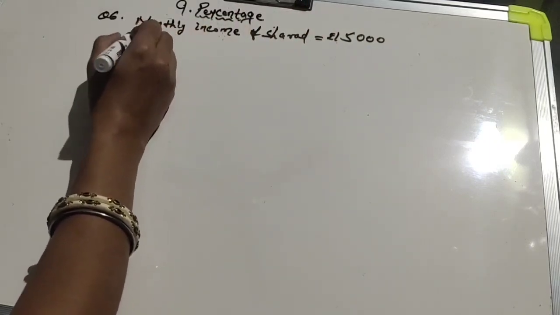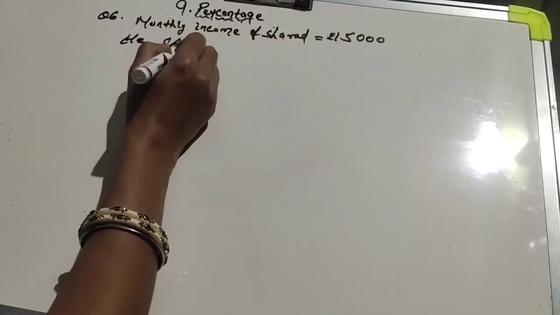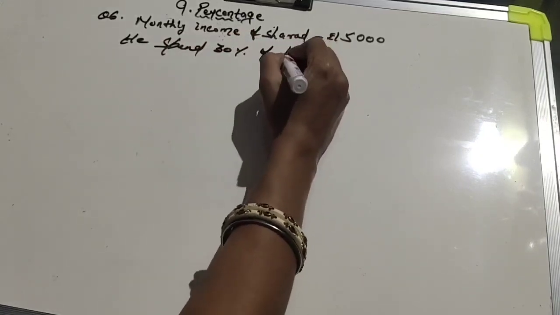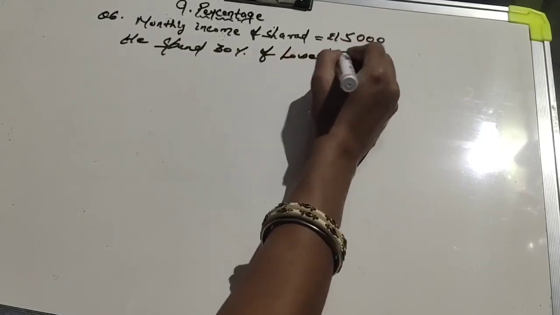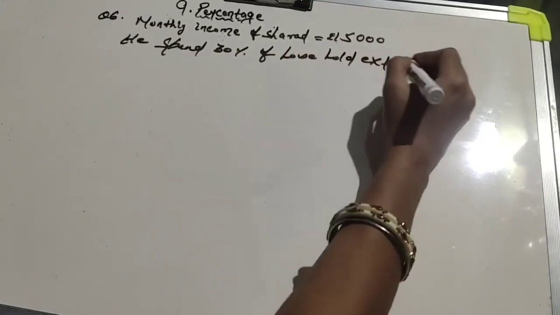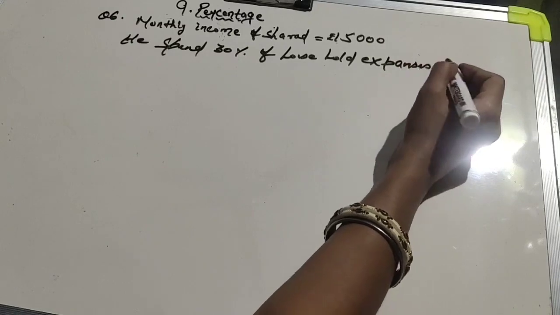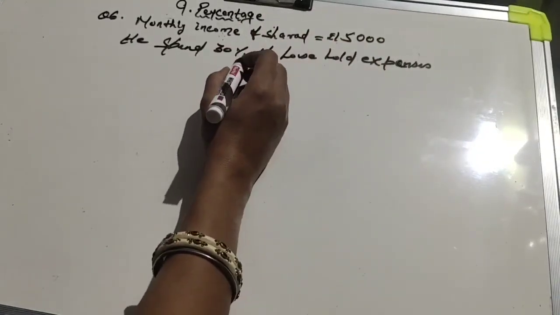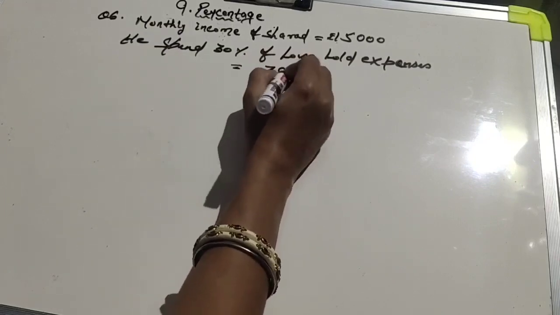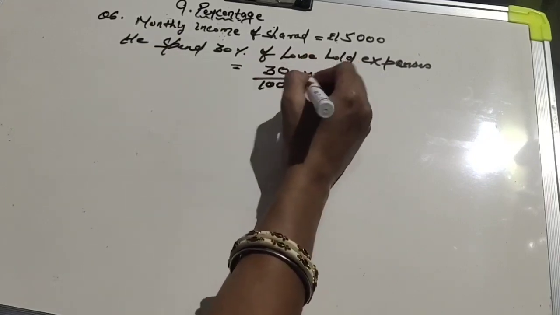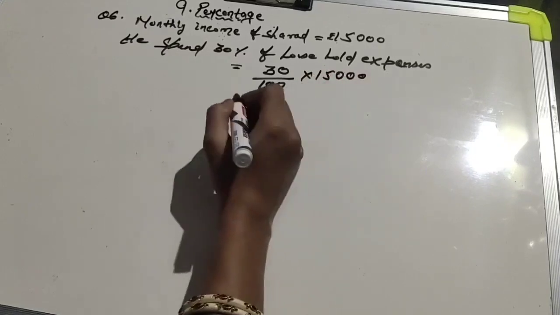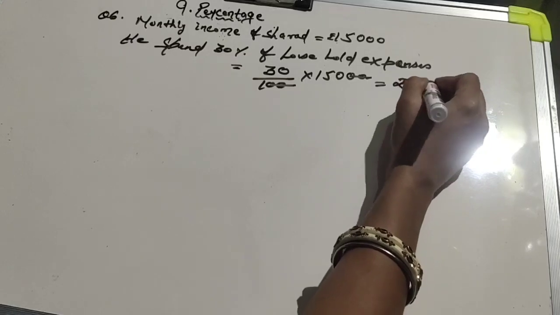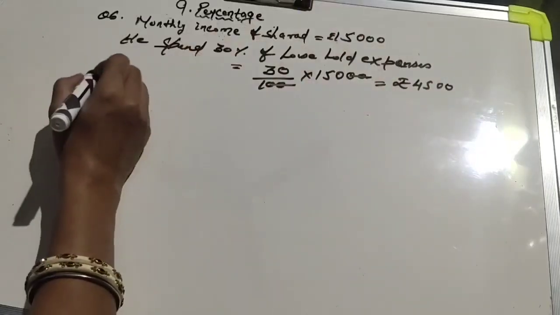Now next we write: he spent 30% on household expenses, because total income is given and how much he spent, 30%. So 30 by 100, because the percentage sign is given, multiply with 15,000. The 0 0 we will cut. 15 3s are 45, so 4500 he spent on household work.